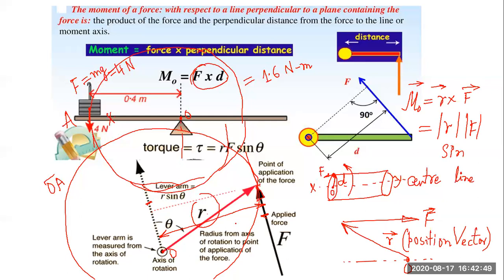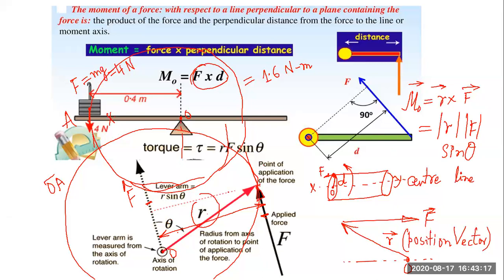If this is F, I can assume this is also a force equivalent to F, but this will not make the sense clear, so I am not writing it. The angle between F and R is theta, so sine of theta, so R F sine theta. Now, what is R sine theta?